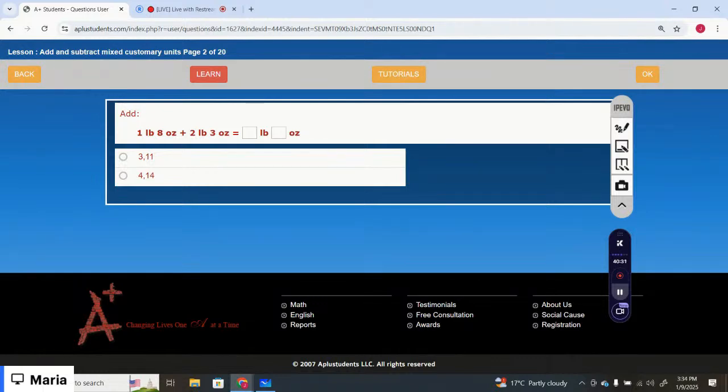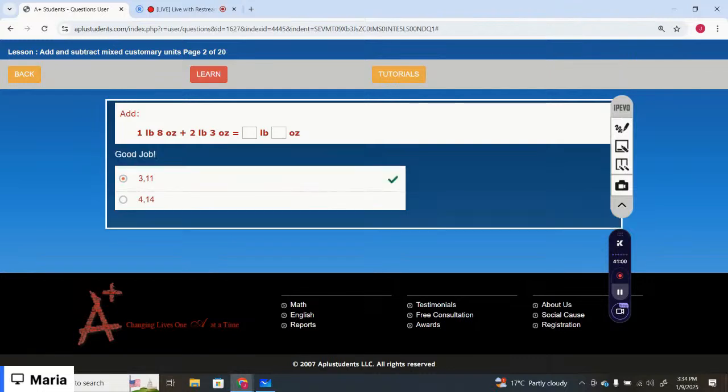1 pound 8 ounces plus 2 pounds 3 ounces, which is the correct option? That is 3 pounds and 11 ounces.